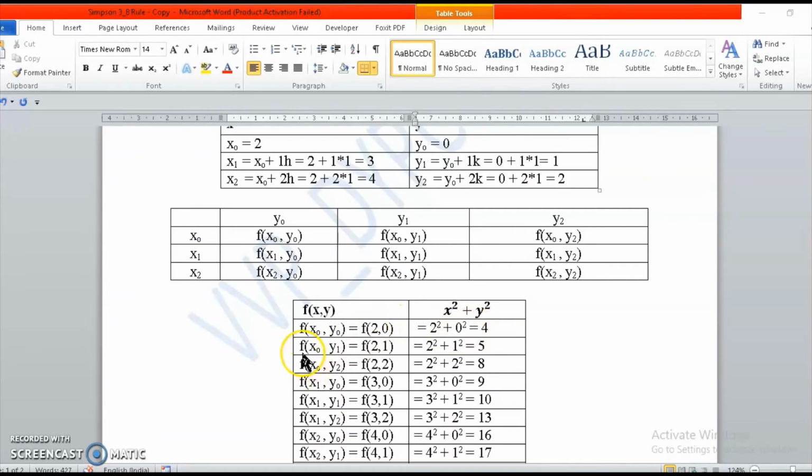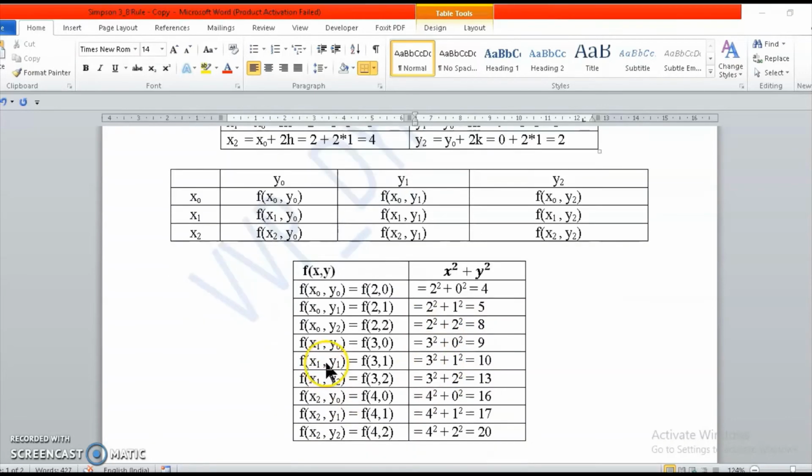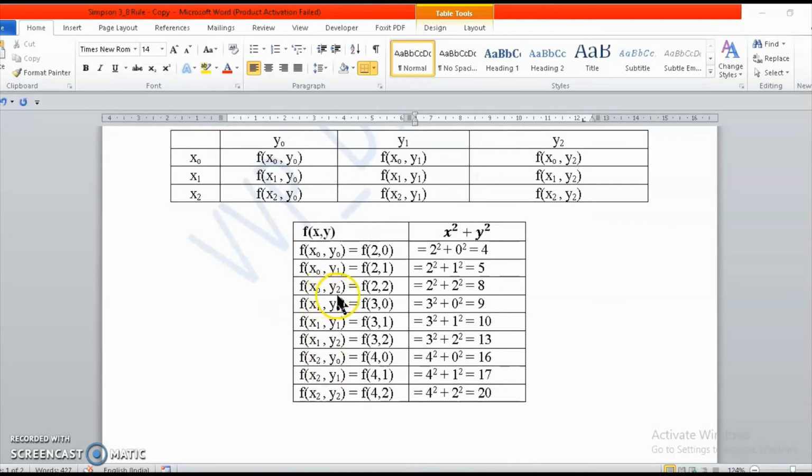Then let us calculate f at x0, y1. x0 is 2, y1 is 1. So f of x0, y1 will be 2 square plus 1 square. It will be 5. And then we can similarly calculate f of x0, y2, that is f of 2, 2, where the value of x0 is 2 and the value of y2 is 2.